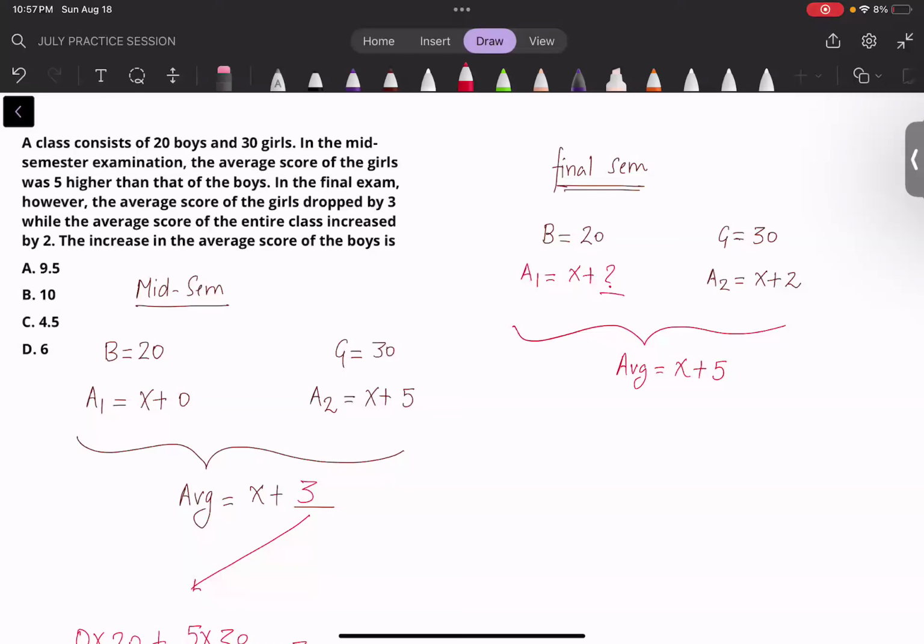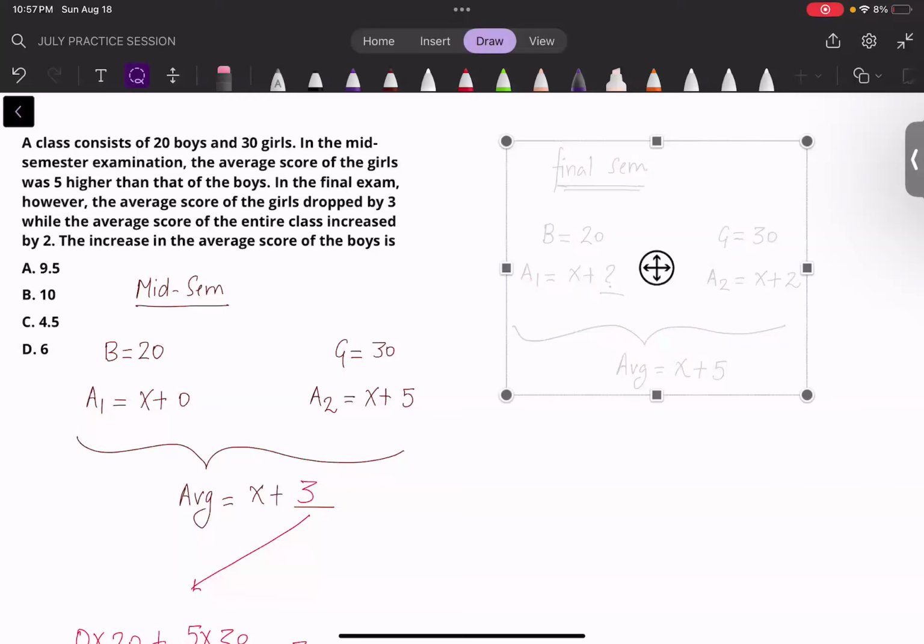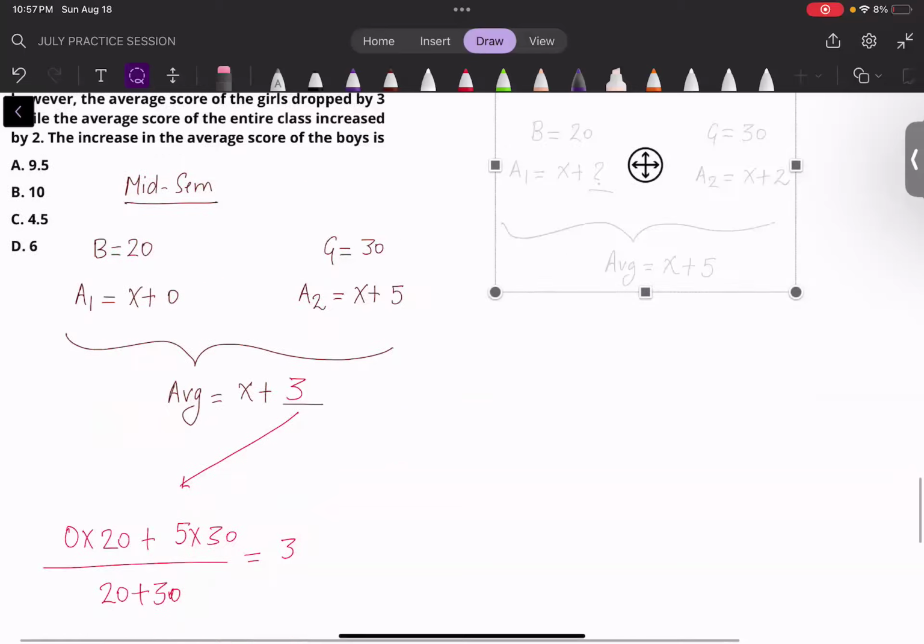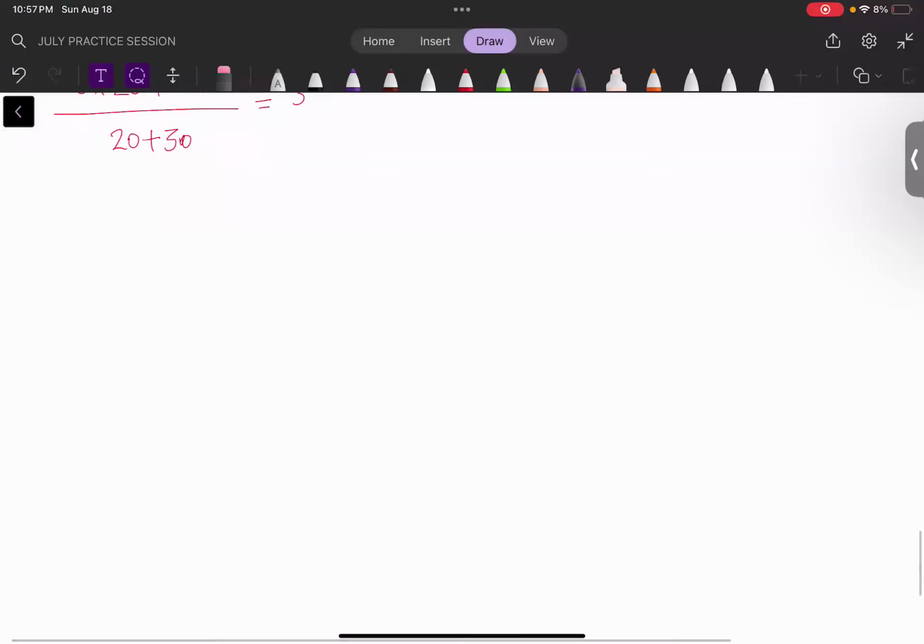Okay. Now, my dear, do you need to take X in the calculation? Is it required? No, not required. Let me just copy this.